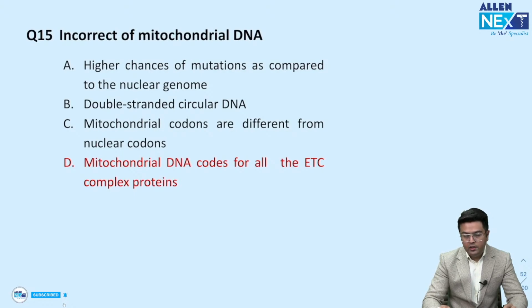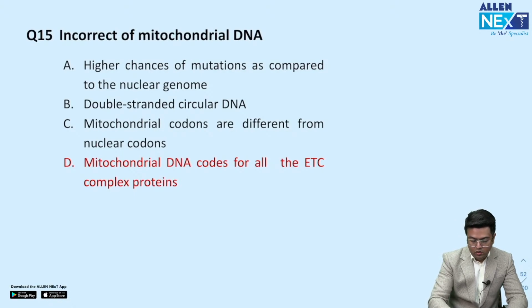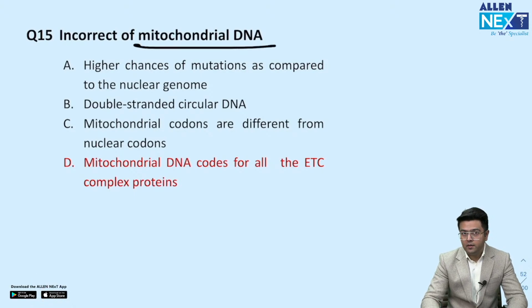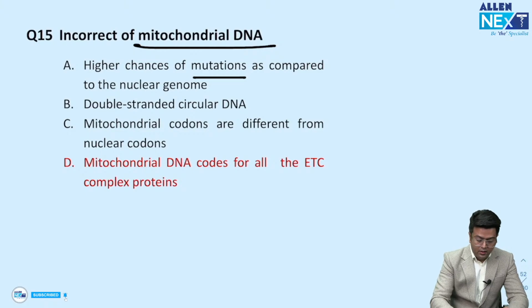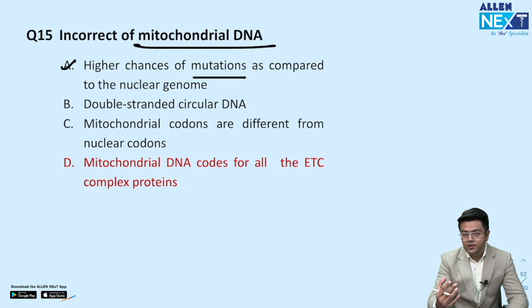See guys, mitochondrial DNA is a very, very important topic, a favorite of examiners. Okay. So first point, higher chances of mutations. Yes, correct. Why are there higher chances of mutations? Because of the presence of the electron transport chain in the mitochondria, and the DNA in the mitochondria is lying free.